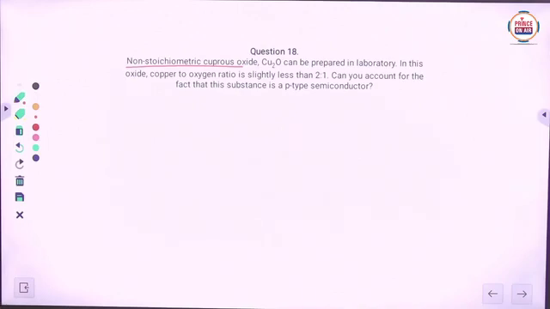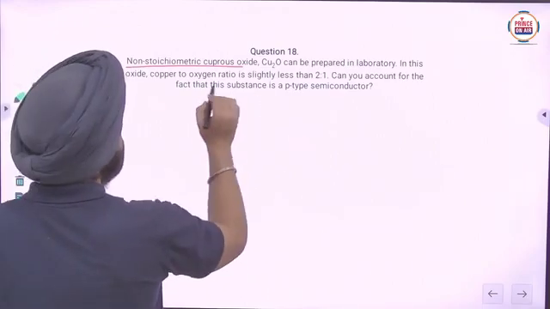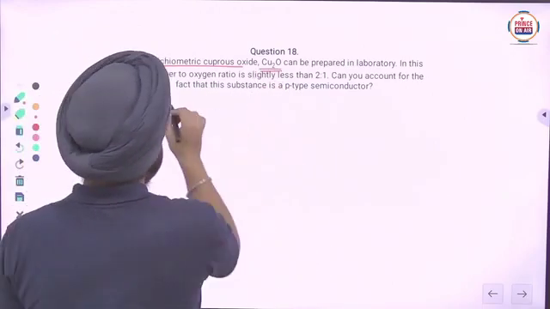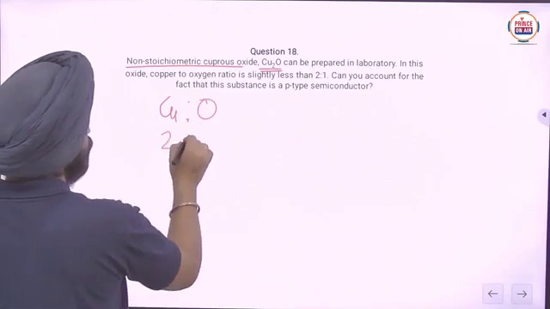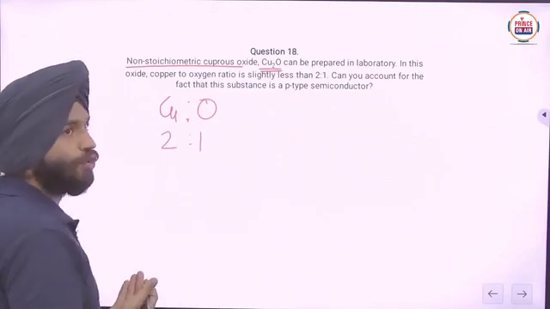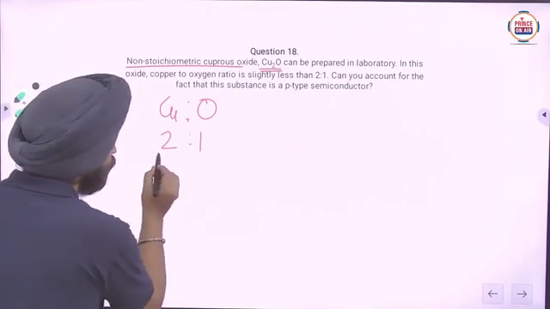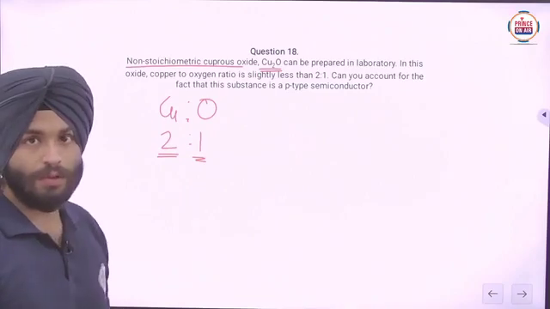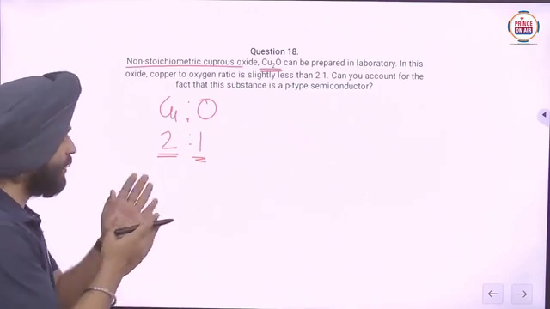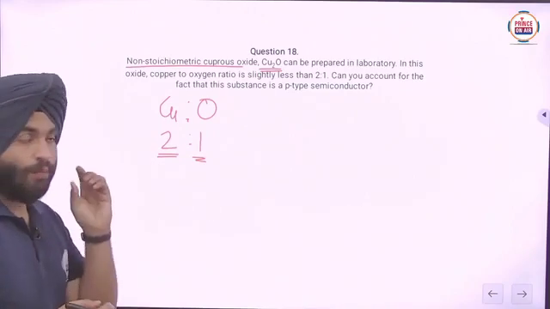So here you can see, cuprous oxide, the copper to oxygen ratio is 2:1, or you can say less than 2:1. So it means the 2 ions of copper are joined with 1 ion of oxygen, and that ratio is slightly less. Why?